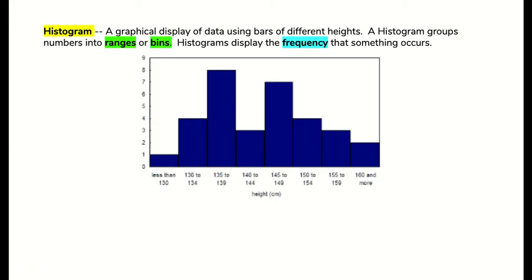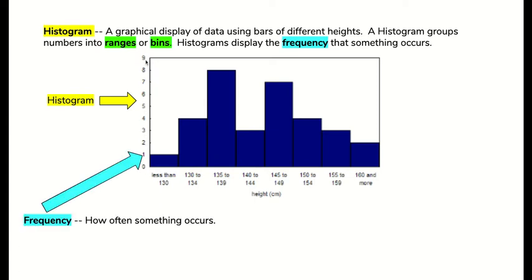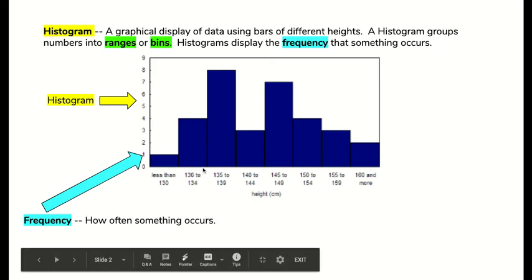Okay, so this right here is a histogram, and on this vertical axis over here where I have numbers that are counting up from 0 to 9, that is where I'm going to record my frequency. Frequency meaning how often something occurs. On the horizontal axis down here, you can see that I have heights that are arranged into different ranges, okay?